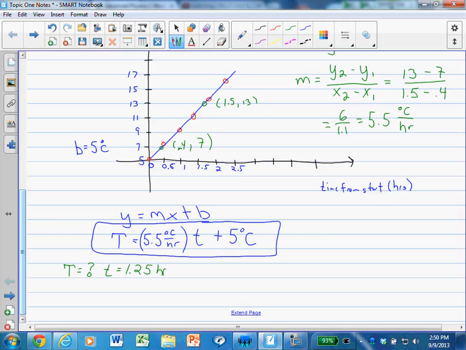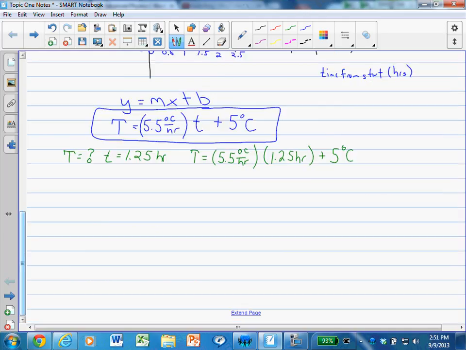Well, we would just plug it into our model: 5.5 degrees Celsius per hour times the time, which now is 1.25 hours, plus 5 degrees Celsius. Now, what's 5.5 times 1.25? It is 6.875. We'll just say 6.9.